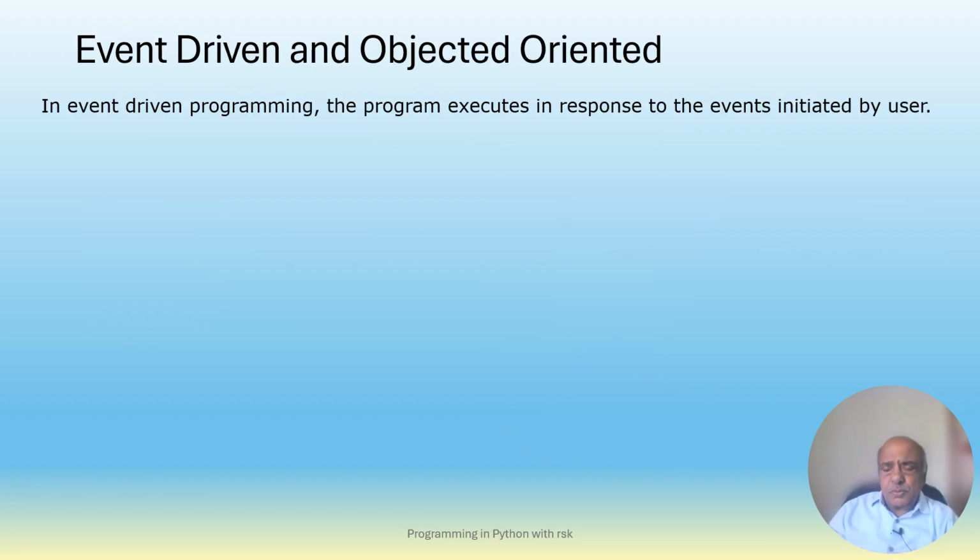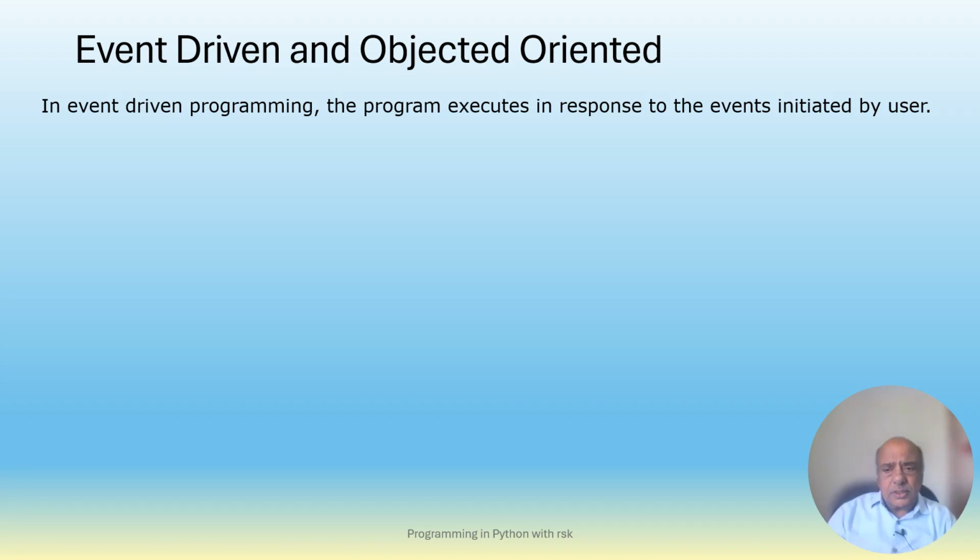In event-driven programming, the program execution is in response to the events initiated by the user. Actually, event-driven programming is a program which is controlled by the user. In all other types of programs, whether procedural, functional or object-oriented, the user doesn't have control on every step of that program.